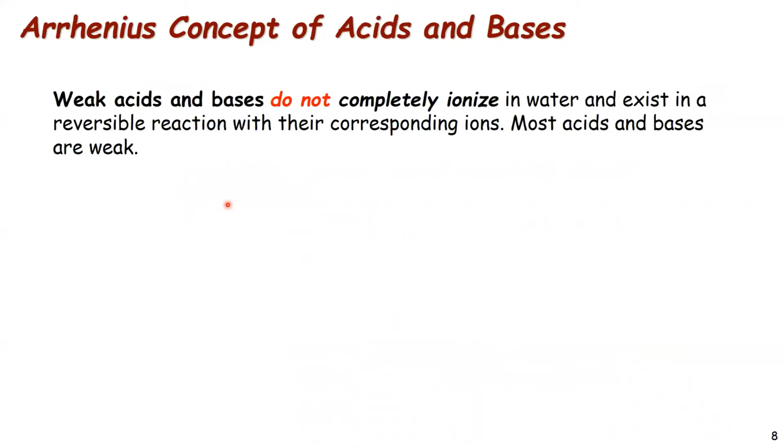Okay, so now weak acids and bases do not completely ionize. In fact, a very small fraction of the molecules actually ionize, and that's why we don't show weak electrolytes, weak acids, as being dissociated when we go from the molecular equation to the complete ionic equation. The complete ionic equation, again, is really showing what's really existing in solution.